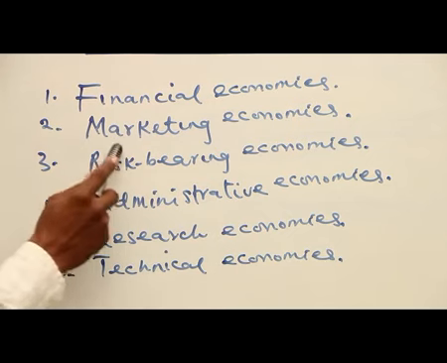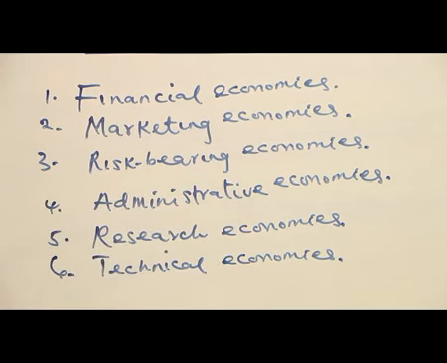Number two, marketing economies. When you say marketing economies of scale, it's an advantage for a firm, that is internal economy of scale. It is the ability of a firm to buy raw materials in bulk at cheaper rates. By doing that, more inputs will be available for the firm to produce more output.